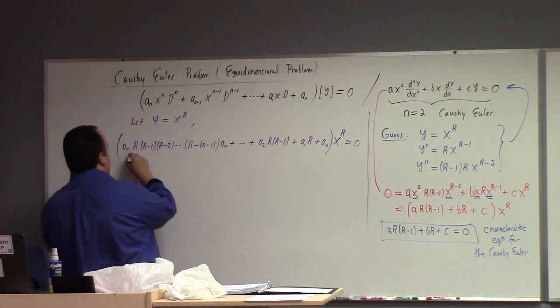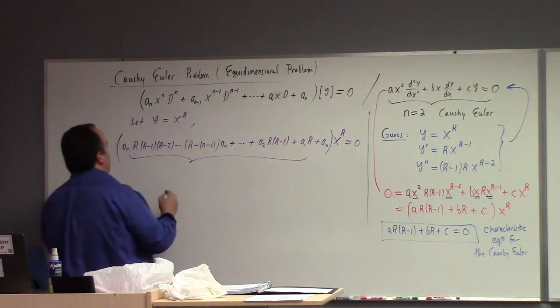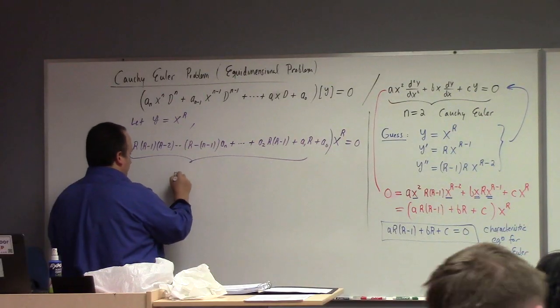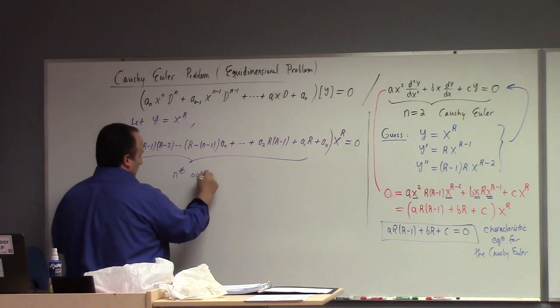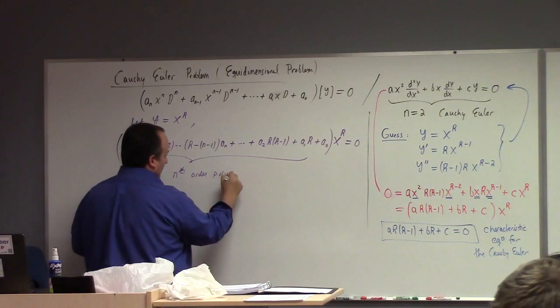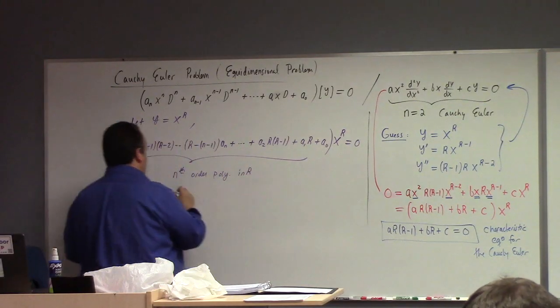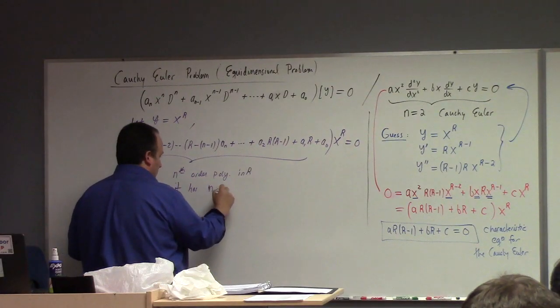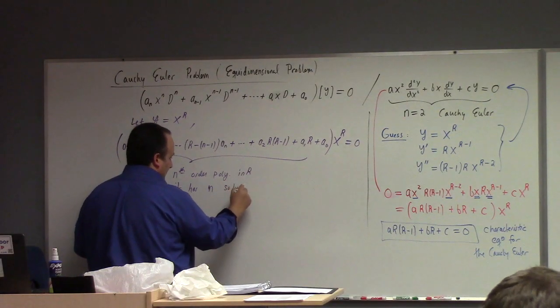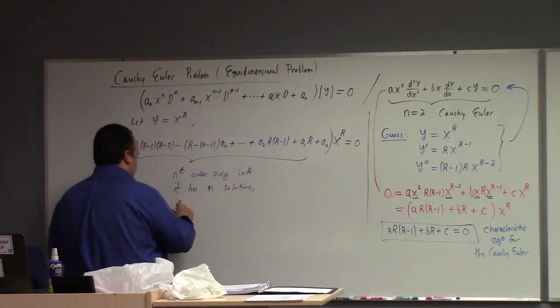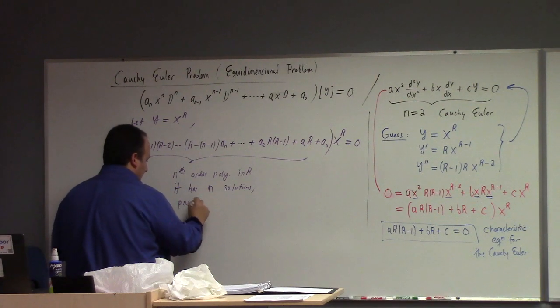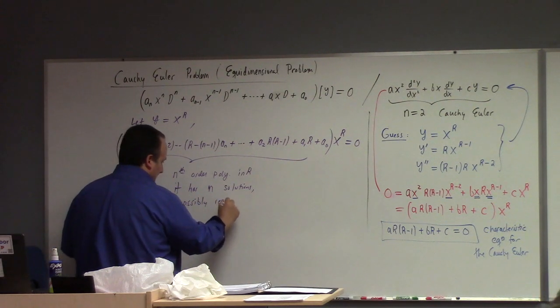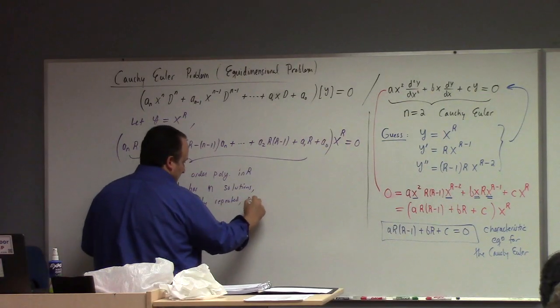So then this is an nth order polynomial in r. It has n solutions, possibly repeated, possibly complex.